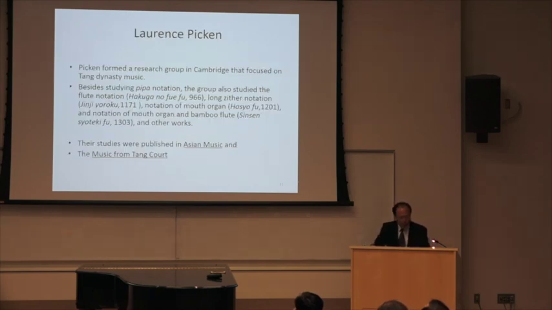In 1972, at many Japanese libraries, Picken collected and copied a large number of scrolls that had been transmitted from China to Japan. After his return to England, he formed a research group in Cambridge that focused on Tang Dynasty music.